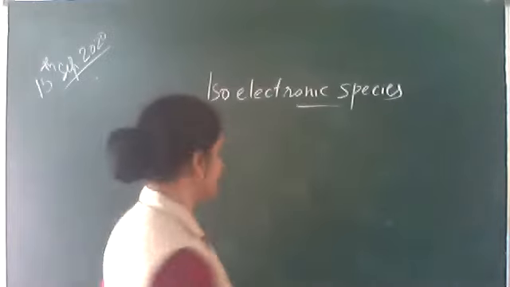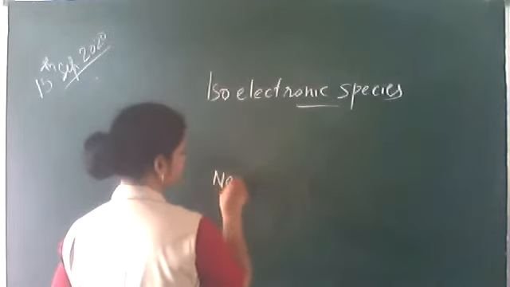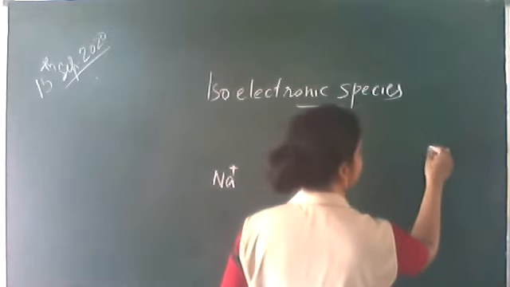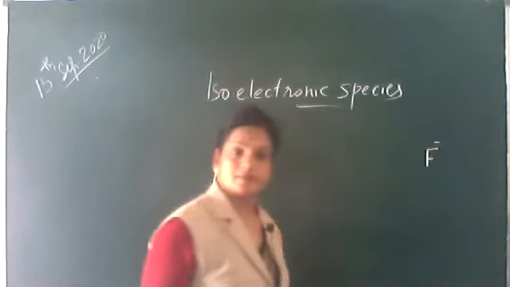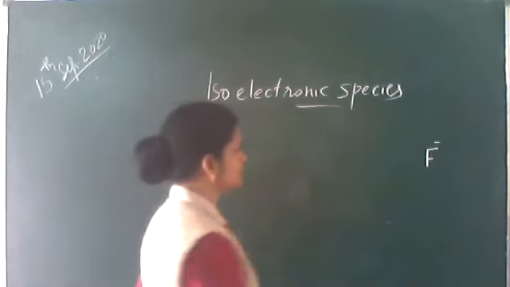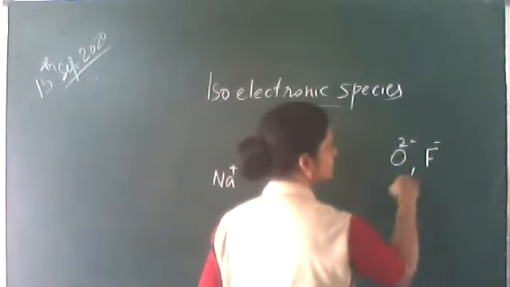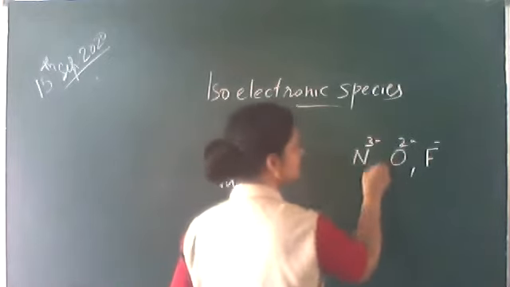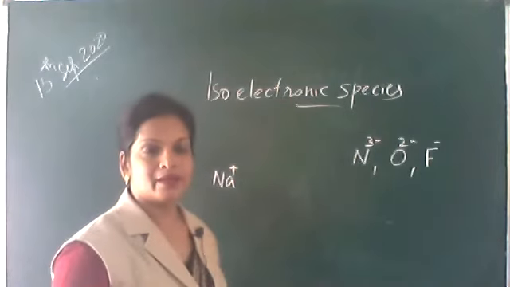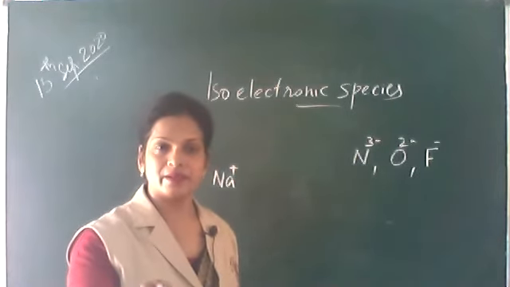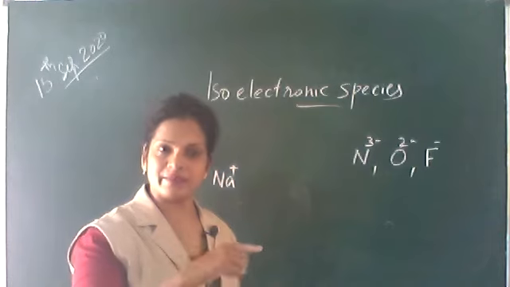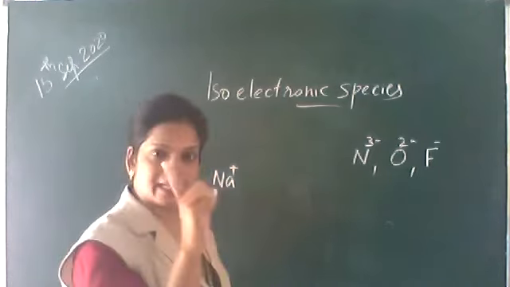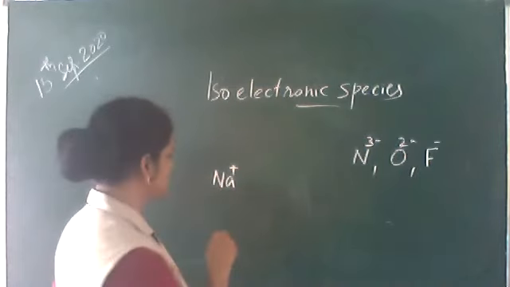Just now we have seen Na plus, 10 electrons, F minus, 10 electrons, O2 minus, 10 electrons. N3 minus means 3 electrons are coming. Atomic number of nitrogen is 7, so number of electrons 7. Now 3 electrons have come, so N3 minus has got 10 electrons.